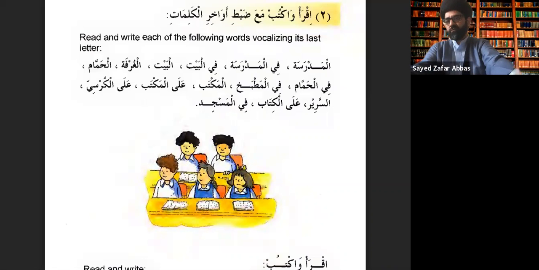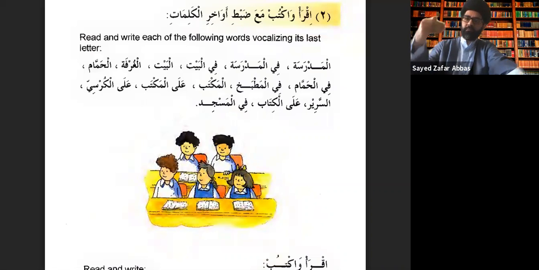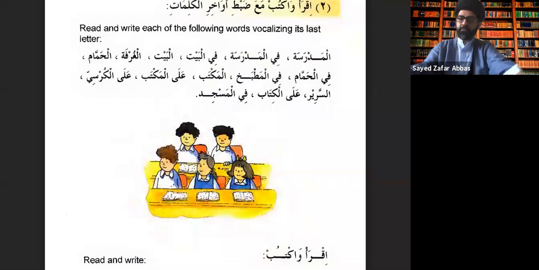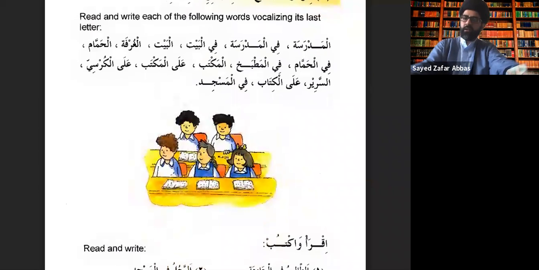Al-madrasatu, fil madrasati, fil bayti, al-baytu, al-ghurfatu, al-hammamu, fil hammami, fil matbakhi, al-maktabu, ala al-maktabi, ala kursiyi, ala as-sariri, ala al-kitabi, fil masjidi. So in each of these examples, whether it's fi or it's ala, it will turn the word majroor, and how we know that it's majroor is it will have a kasra at the end of the word.